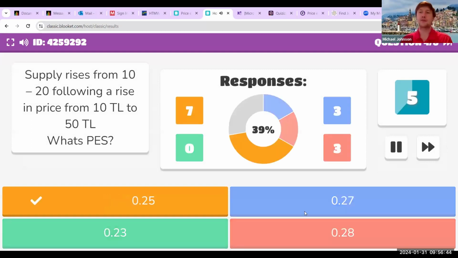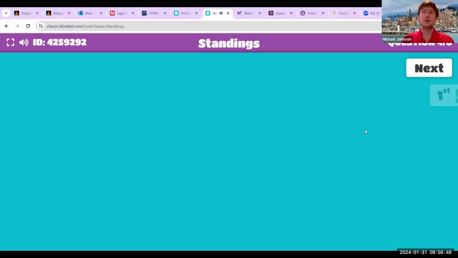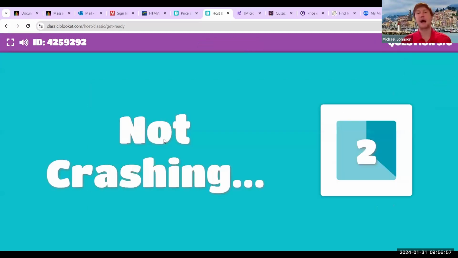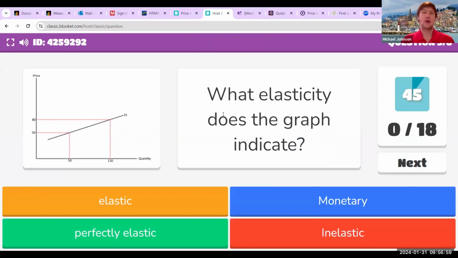So 0.25. So pause this. Try to pause it. I'll bring it back in at the end. So what elasticity does this graph indicate?